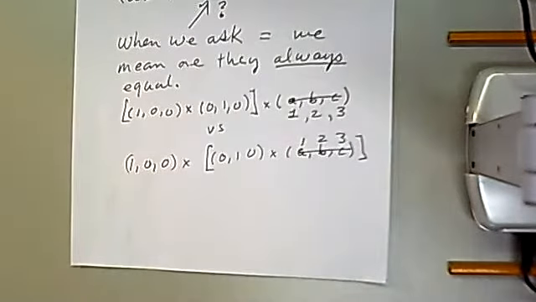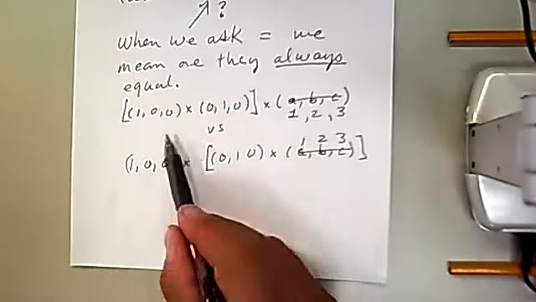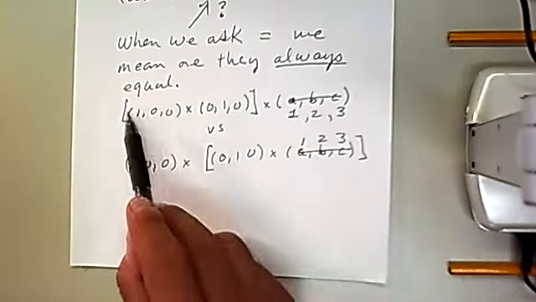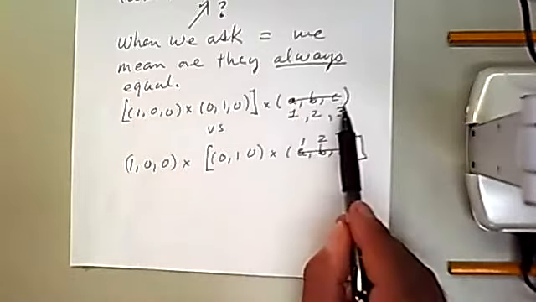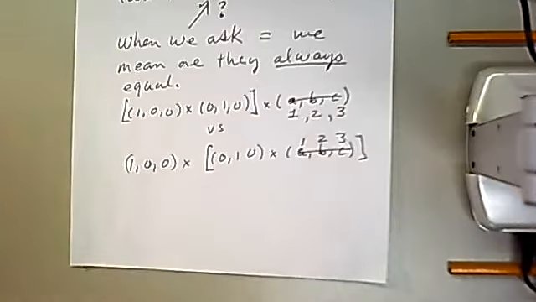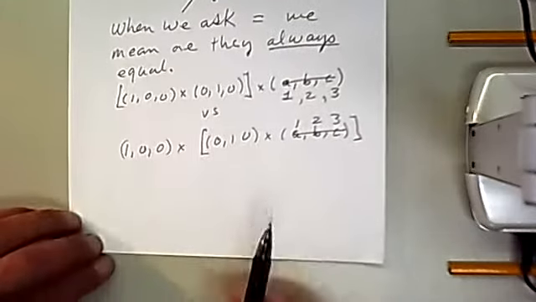Now we do have a concrete counterexample. When we perform those operations, we will realize that the final answer of that product will not be equal to the final answer of the other product, unless I'm wrong. No, I'm pretty sure they're not going to be equal. I am sure they're not going to be equal.